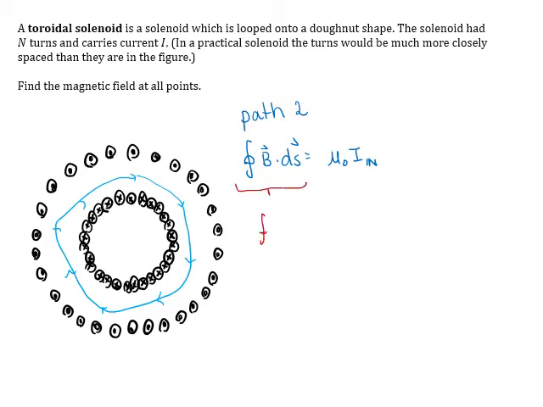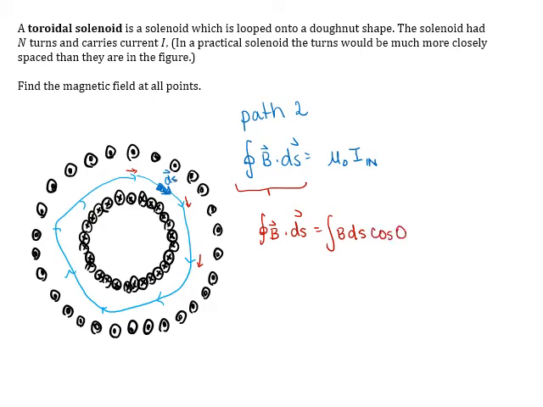The integral of B dot ds. We already established that the direction of our magnetic field was parallel to the direction of that path. So we've got the integral of B times ds, magnitude of B times the magnitude of ds, where ds is a small segment of our path, times the cosine of 0.